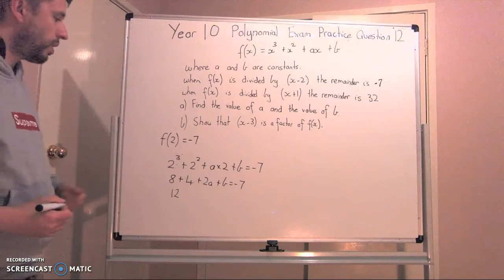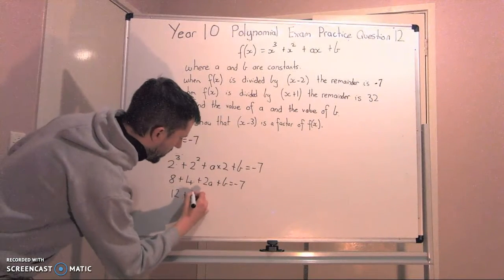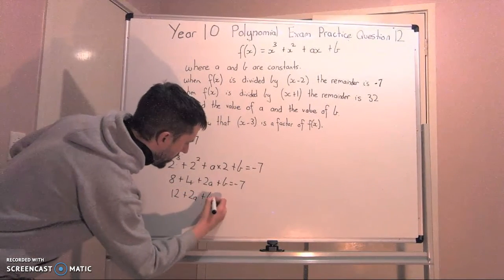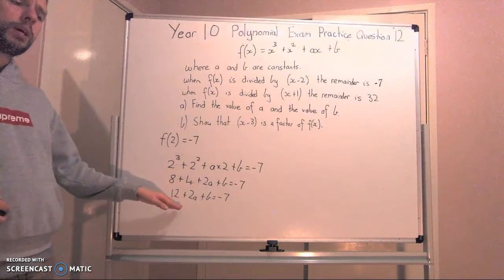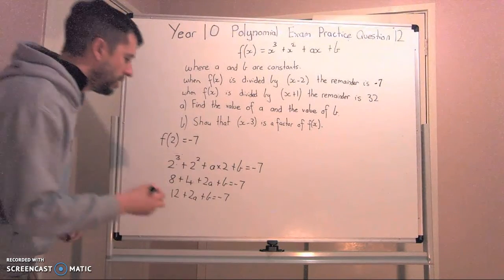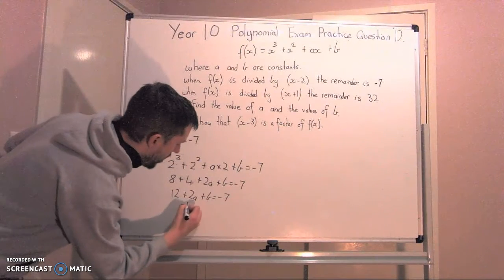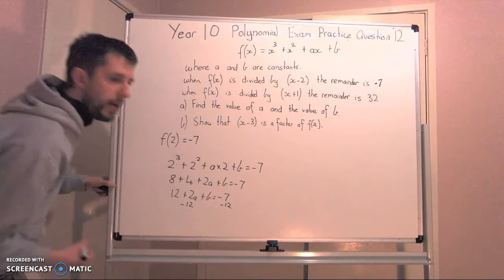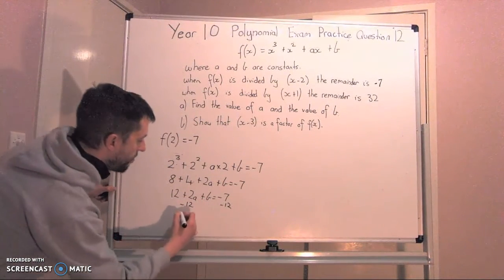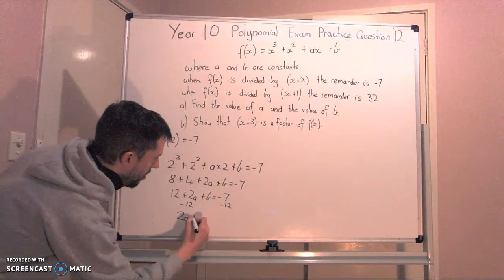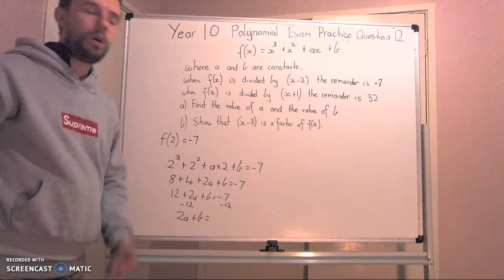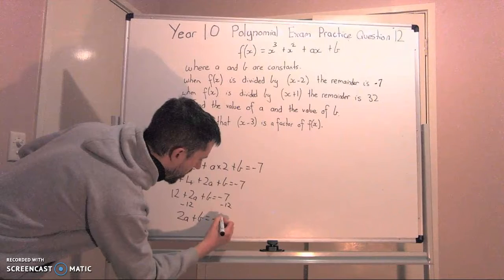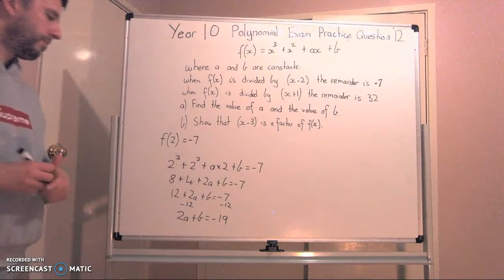So now I have 12 plus 2a plus b is equal to negative 7. I'm going to get all my constants onto one side, so I'm going to take away 12 on both sides. That gives me 2a plus b is equal to negative 7 take away 12, which gives me negative 19.